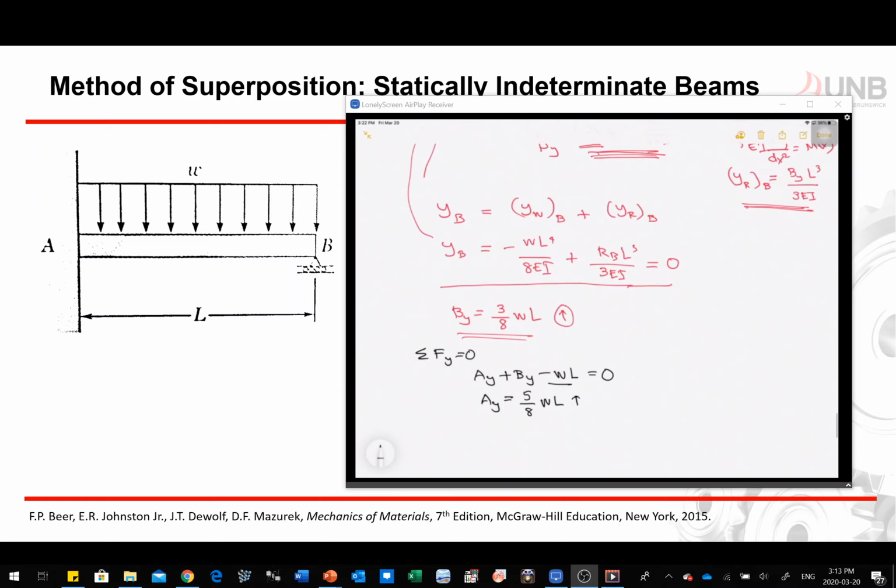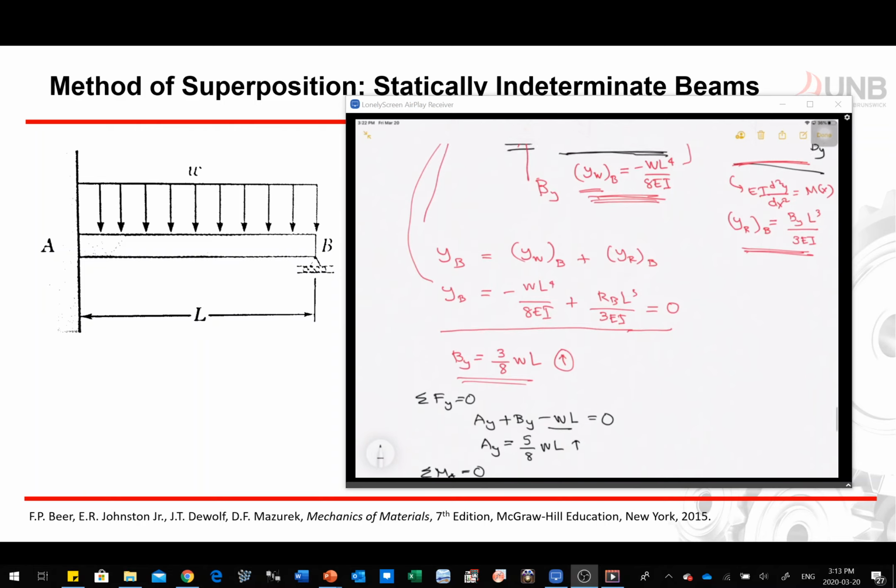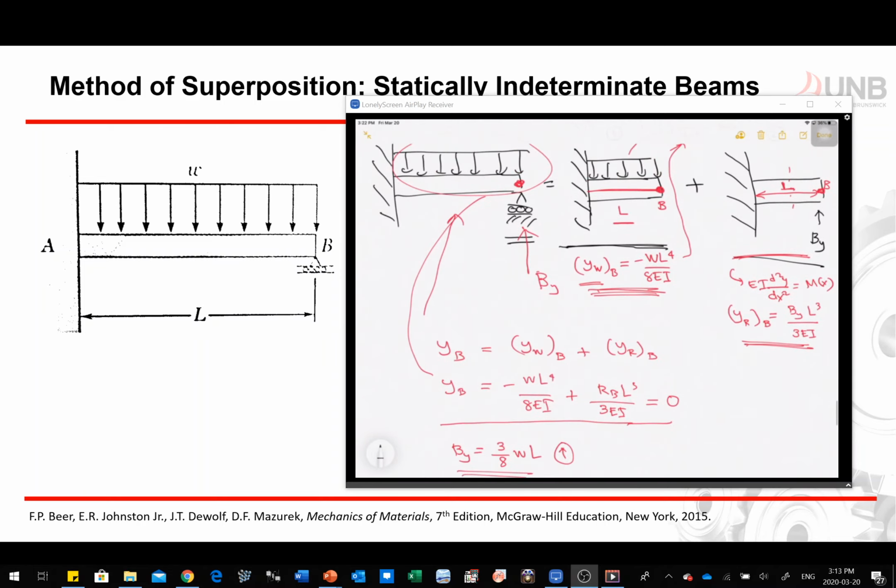Now for your moment at A, because you have a cantilever beam at point A, you have a moment, so I can sum my moment at A, which is equivalent to 0. So I'm going to get moment at A plus BY L minus, that's the distributed load, that's the location of your distributed load, which is the center of your beam, equal to 0. So this is L. If we go back to our beam, it's located at L right there.